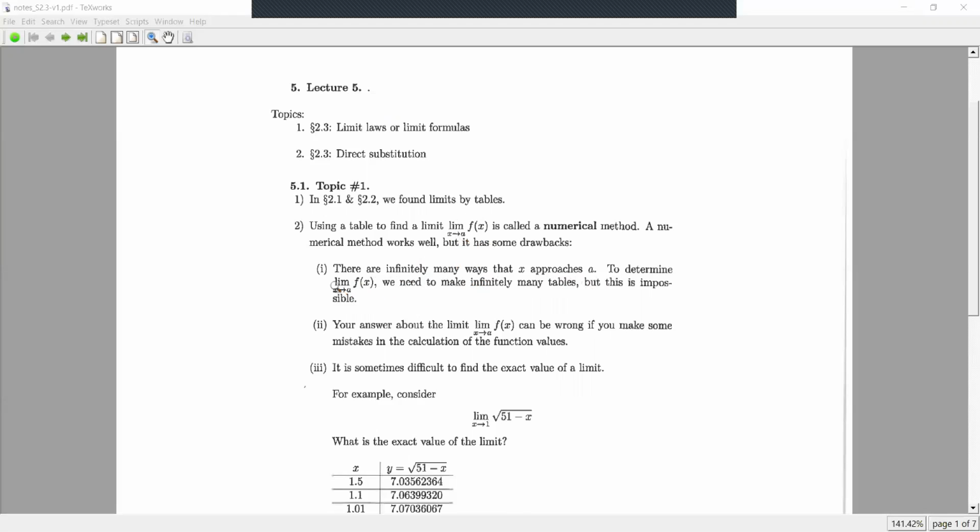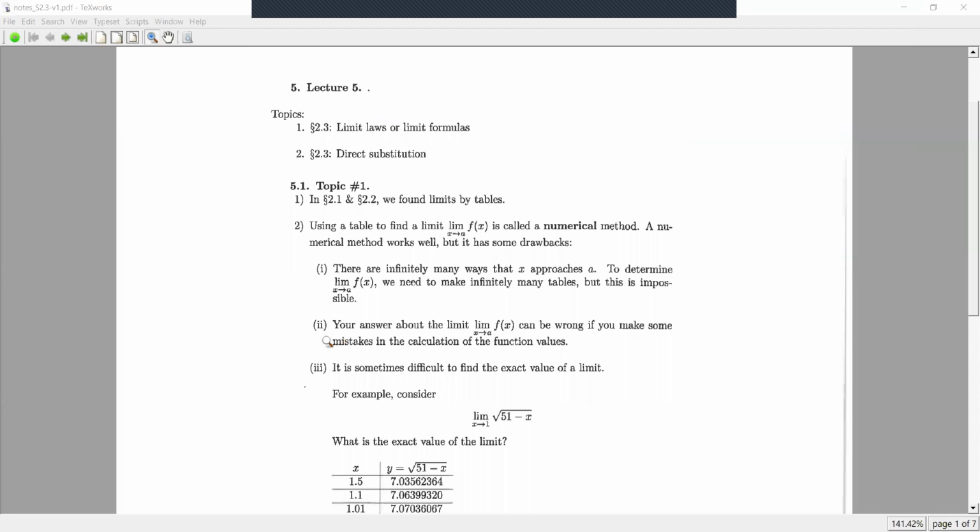So to determine whether a limit exists, essentially we need to make infinitely many tables, but this is impossible. So this is a drawback of a numerical method.